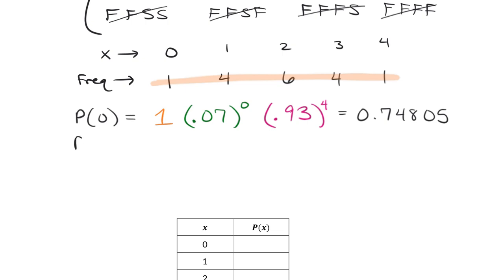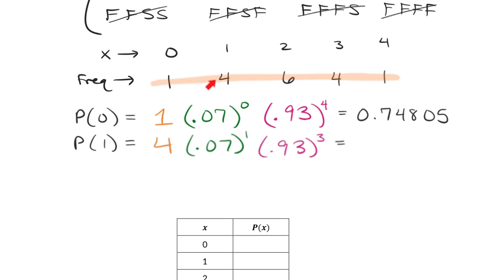Okay, what about the probability of 1? How often did we see 1 in my sample space of 4? And the probability of success happened how many times? 1. Which means the probability of failure happened how many times? 3. Do we see what I'm doing here?